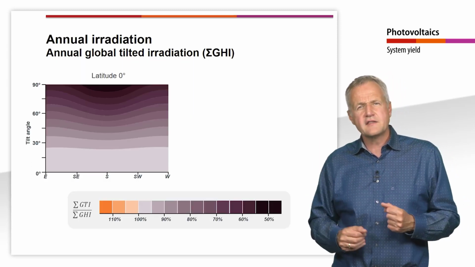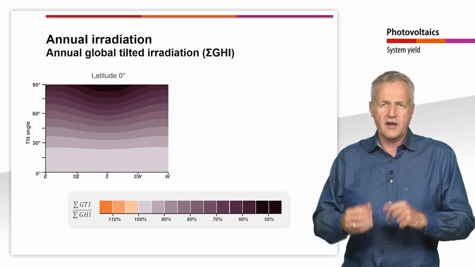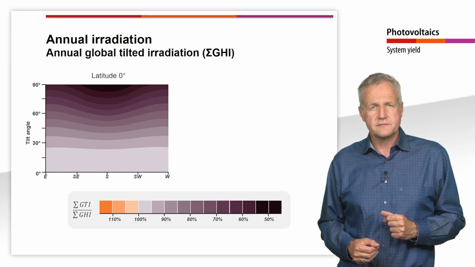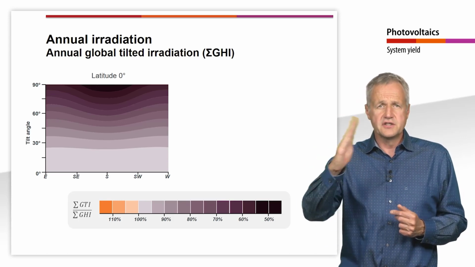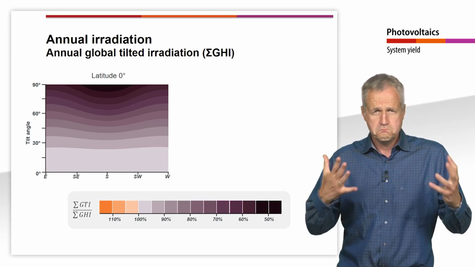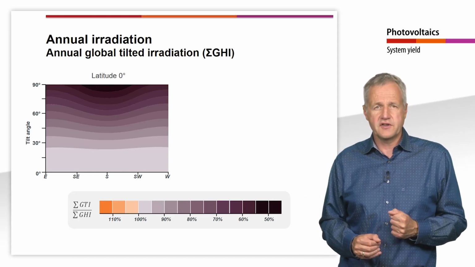But how can we estimate the height of the annual GTI if we don't have a suitable tool at hand? In addition to the orientation and tilt of the module, the latitude of the installation is also of great importance here.